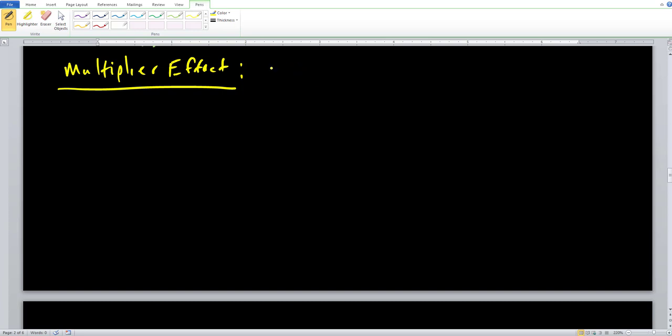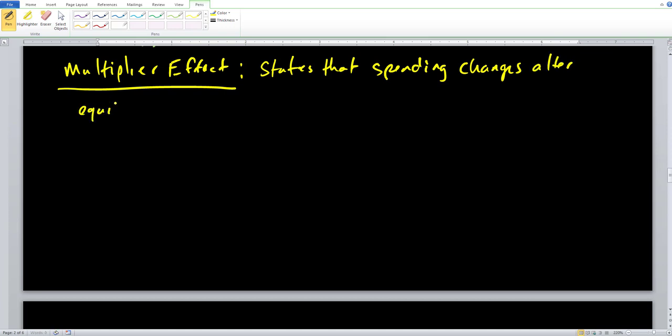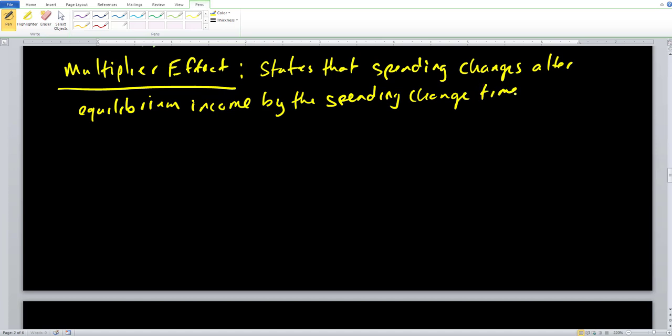So here the multiplier effect states that spending changes, and we'll talk about these spending changes just a little bit, alter equilibrium income by the spending change times the multiplier.